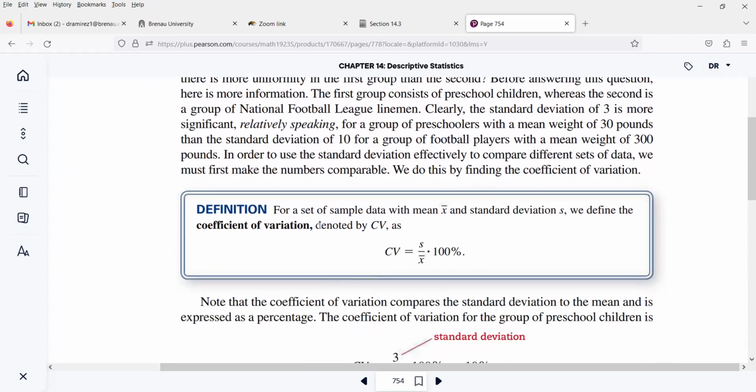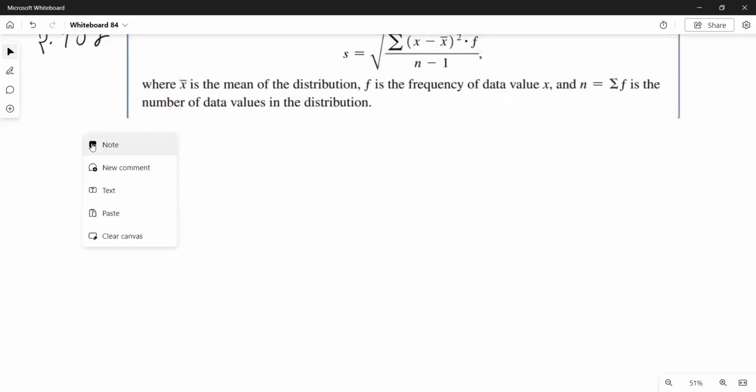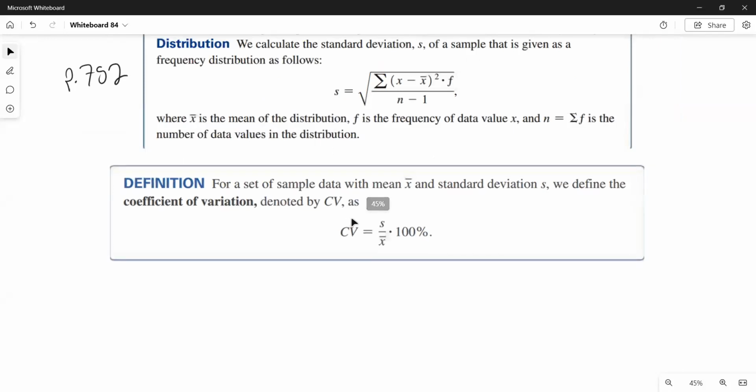So in order to use the standard deviation effectively to compare sets of data, we must first make the numbers comparable. We do this by finding the coefficient of variation. So the coefficient of variation is going to be the standard deviation divided by the mean as a percent.